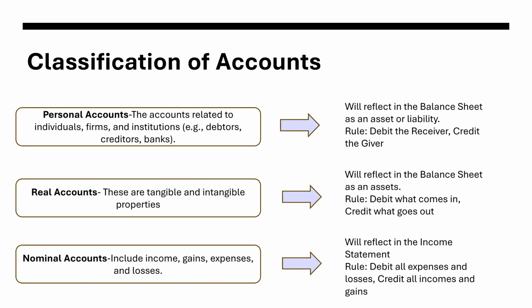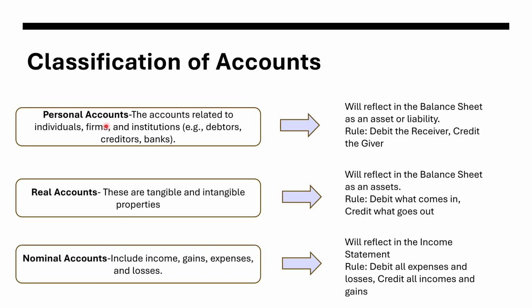Before we proceed with the remaining transactions undertaken by Clue, let's quickly recap our understanding of the different classification of accounts and the accounting rules that we apply for each. So we said that accounts are classified as personal accounts, real accounts, and nominal accounts.